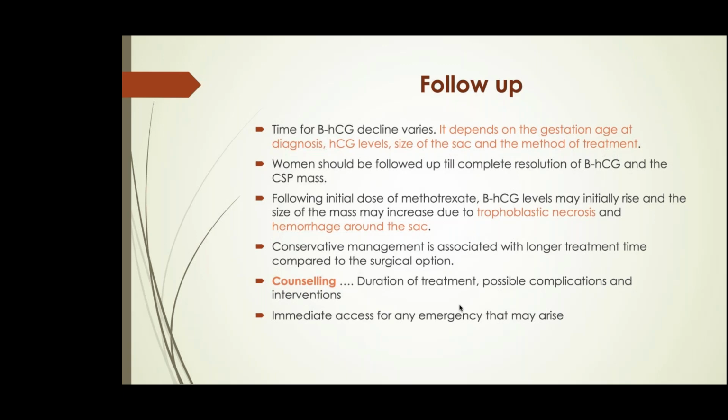It's only when the beta HCG is very low, you are talking about tens, 20, 30, 40, 50, or even below that, when the patient starts to have significant bleeding and expel the sac herself. So long as the beta HCG is high, you would not expect the spontaneous expulsion, in most cases, I would say.